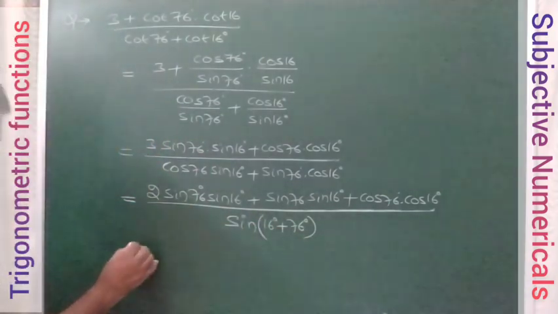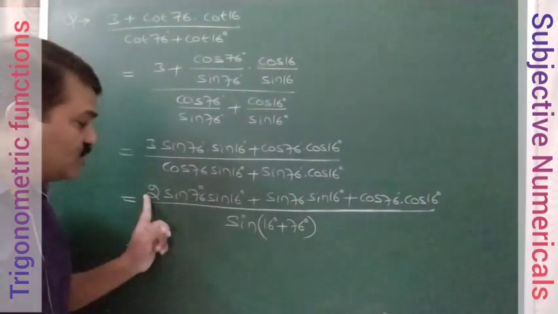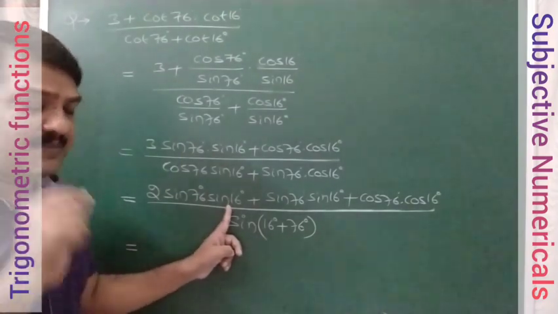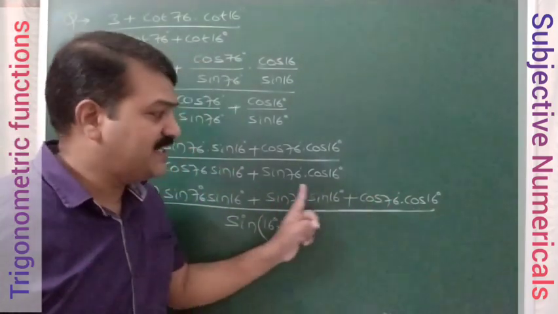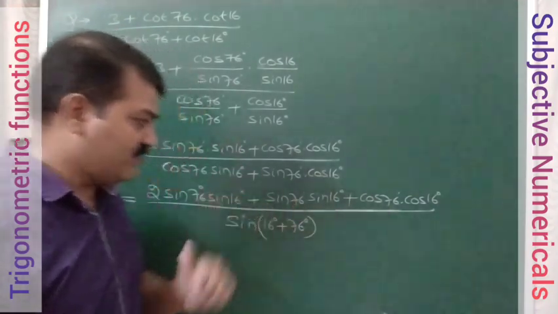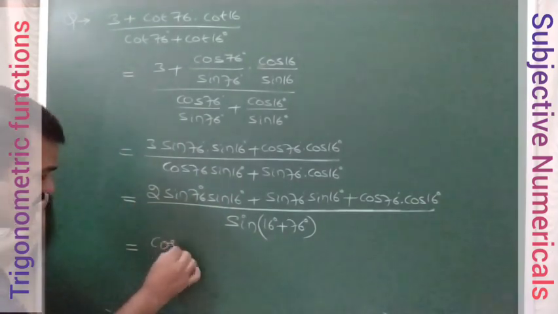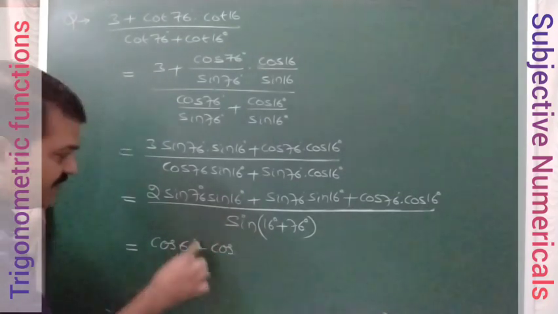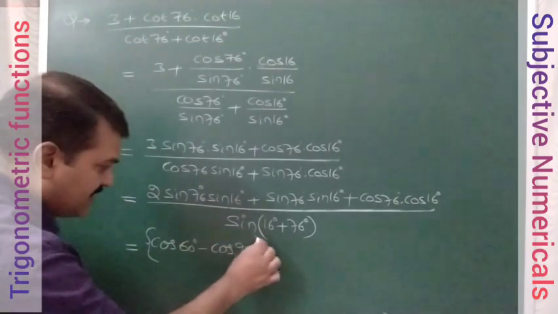So now coming to the numerator part, first term is 2 sin A sin B model, 2 sin A sin B, so cos of A minus B minus cos A plus B. Last two terms is cos A cos B plus sin A sin B form, so cos of A minus B we can apply for last two terms. Okay, so this is 2 sin A sin B model, so cos of A minus B 60 degrees minus cos of A plus B 92 degrees. So this is for first term.